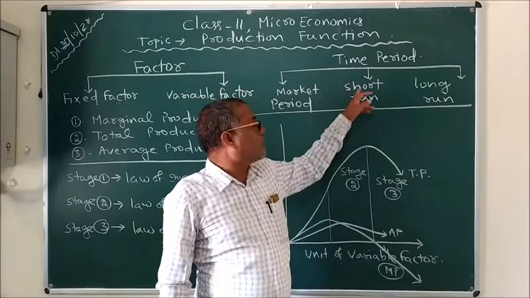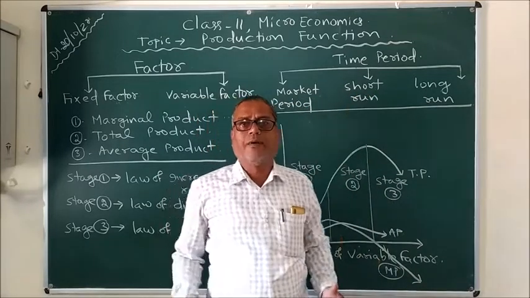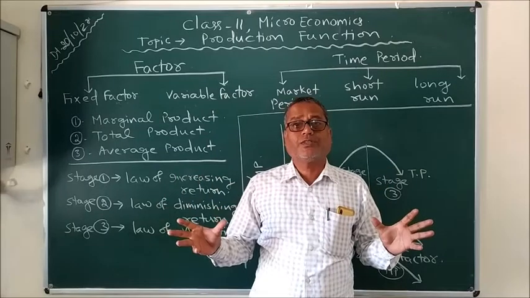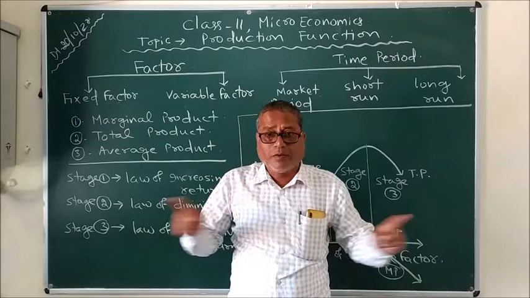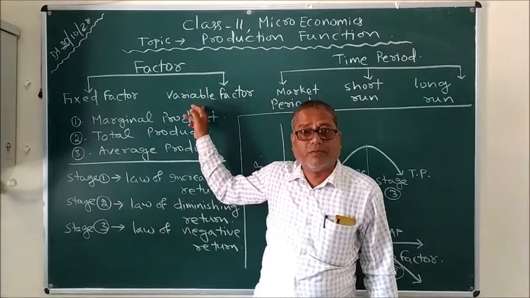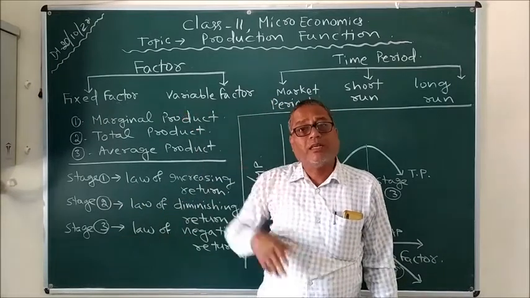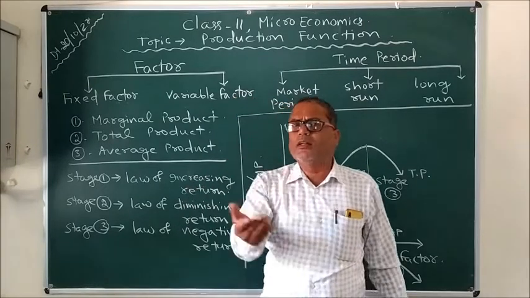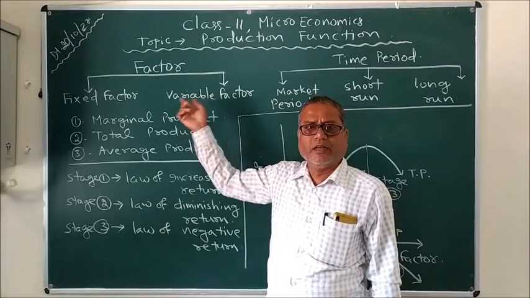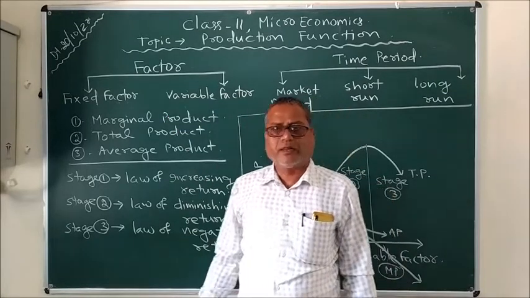Thus, in short run production function, we have two types of factors. One is the fixed factor, the number of which cannot be changed, and another is the variable factor, the number of which can be changed. Just with one example I would try to explain, and I think your understanding will be clearer.